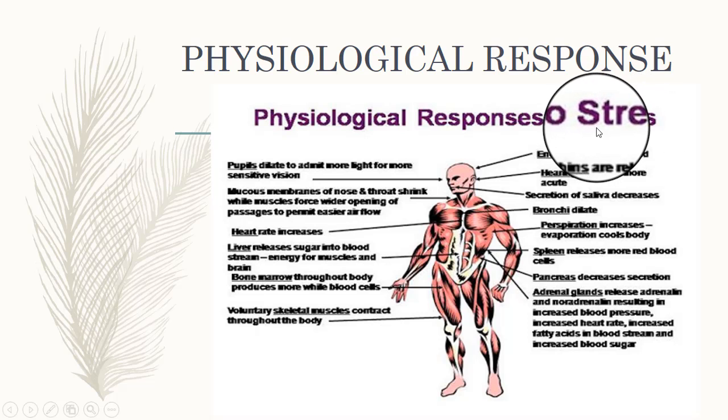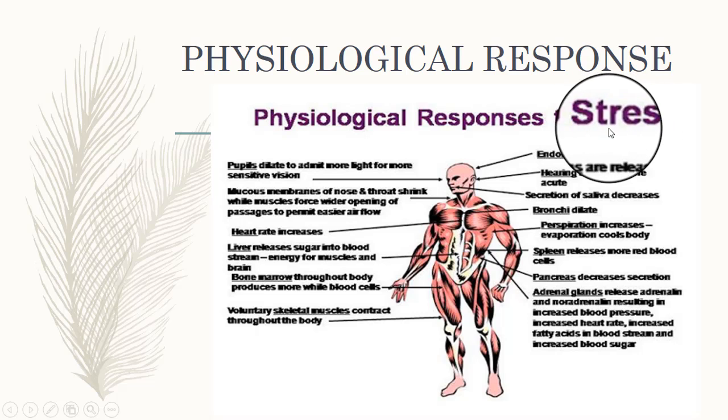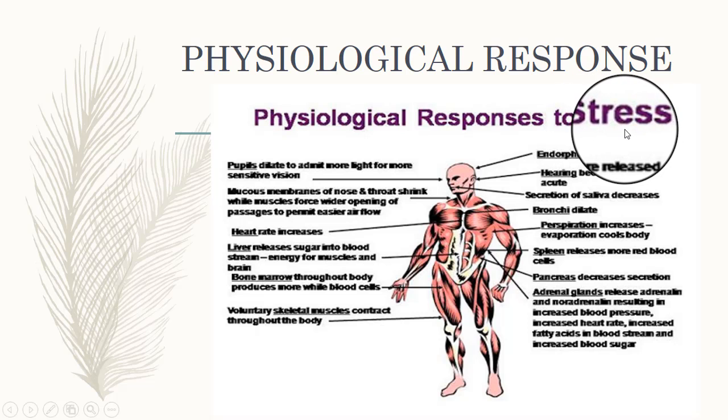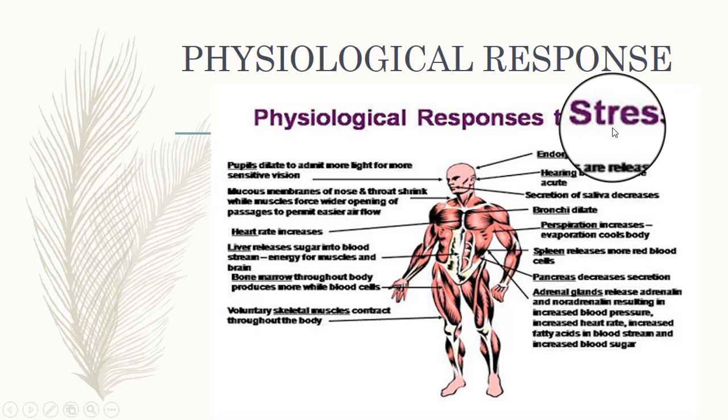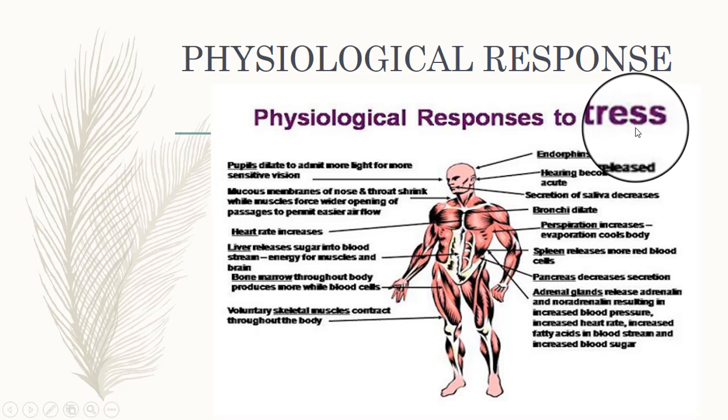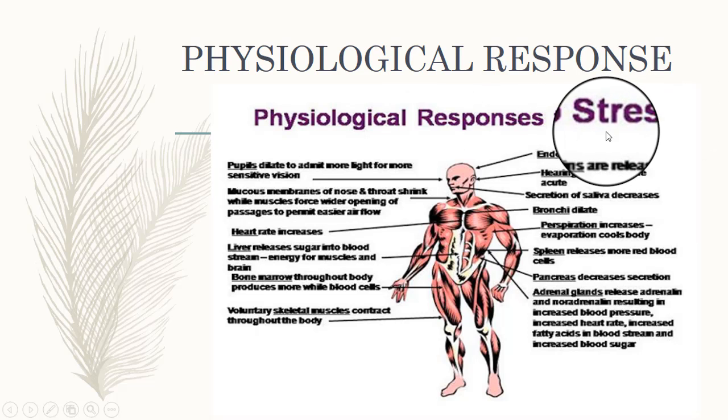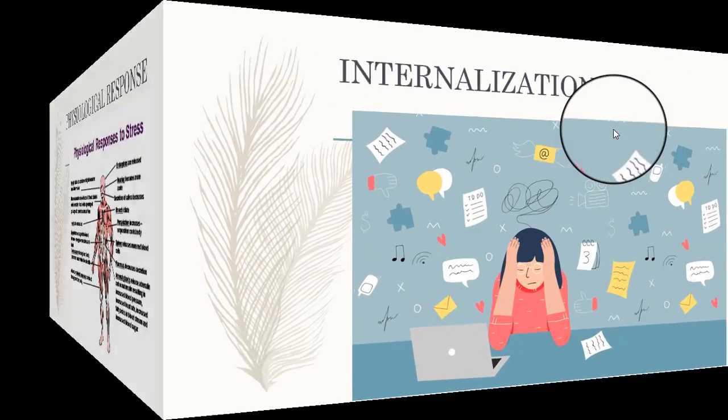As a result, your immune system and your digestive system are given stand down signals, and you are left in a state of hyperarousal of your symptoms. So this is the third step, that is physiological responses.